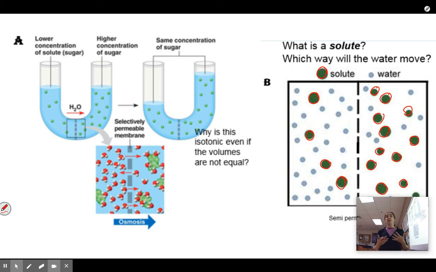Remember, those words are looking at how much of the solute is dissolved into the solution per unit volume. So kind of how packed together those particles are. There's a higher concentration of solute on the right. So this is the side we would label hypertonic. Ran out of room for that word. And the side on the left we would call hypotonic.